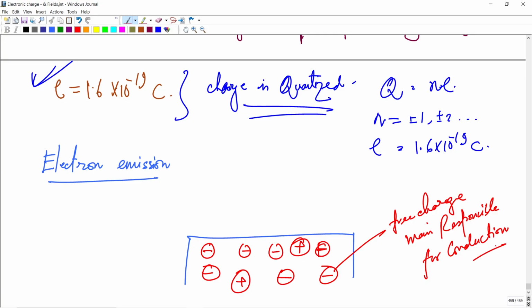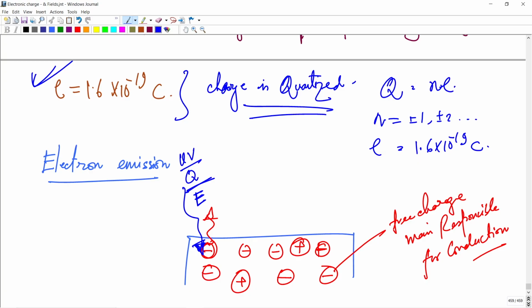Okay, so if an electron, a free charge, attempts to escape from the metal surface, it needs some energy. That energy it gets from, suppose, light, UV light, heat or temperature, and also some potential field, an electric field.